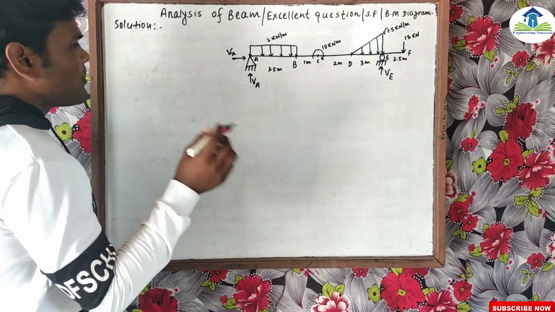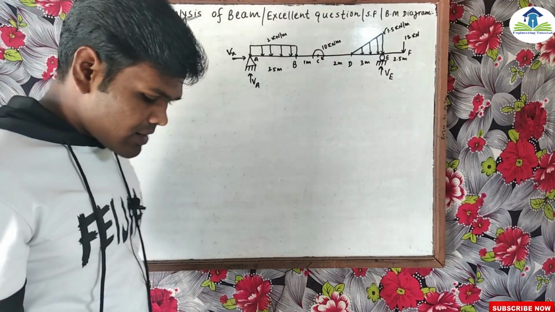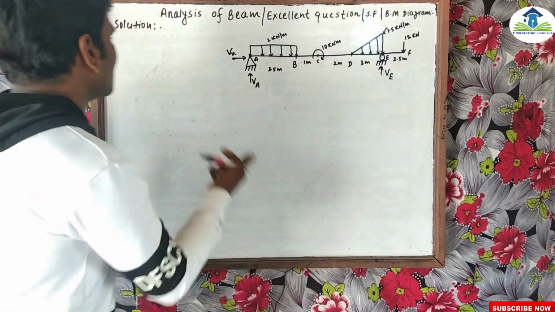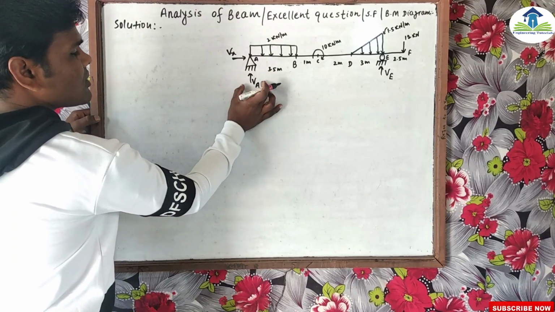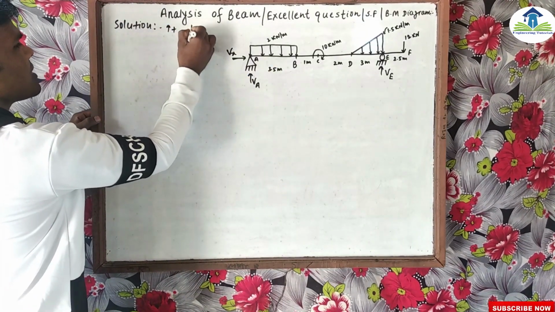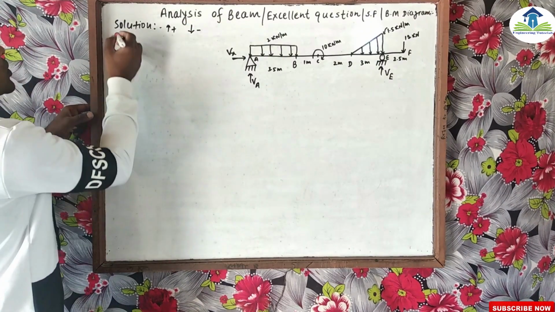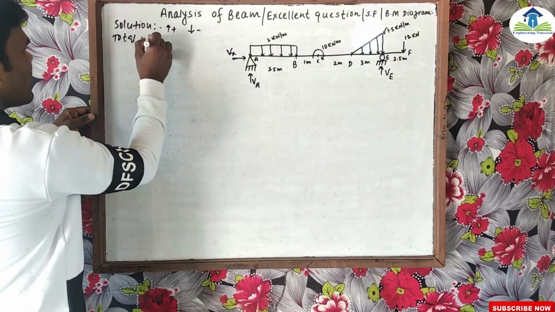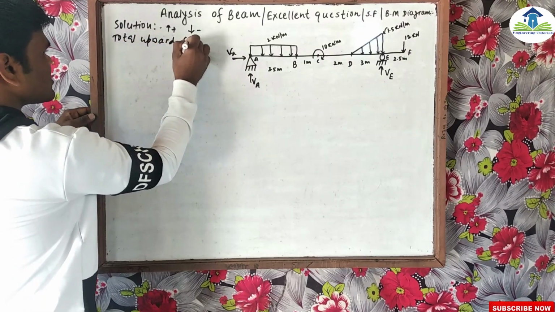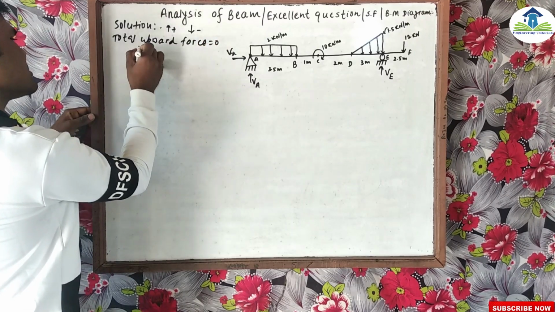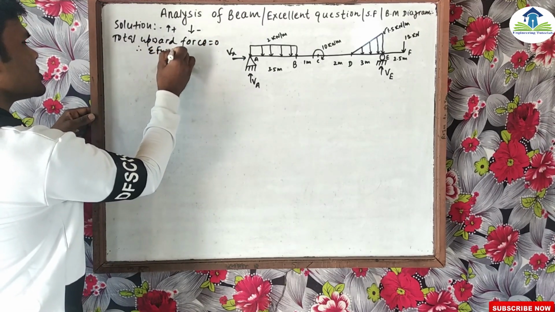Here our first step is what? We calculate the total downward force acting. Total upward force is VA and VE; upward force is positive, downward force is negative. So summation Fy is equal to 0.